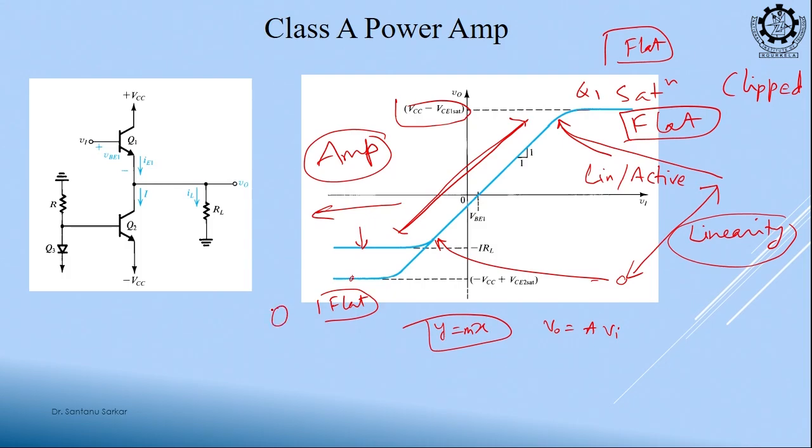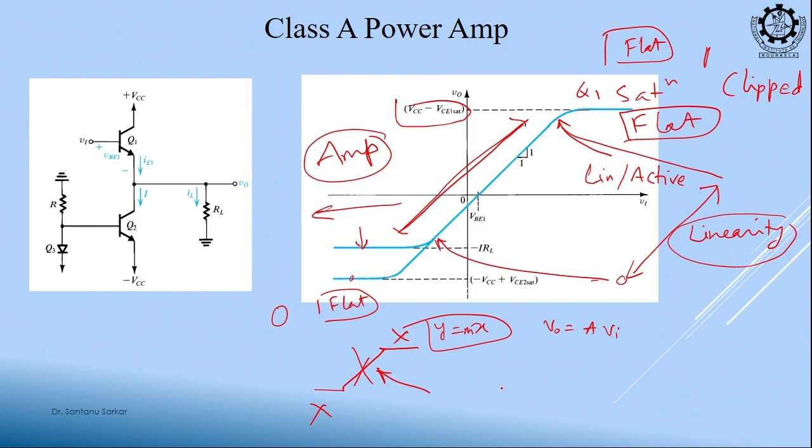This will be your logic 0, this will be your logic 1. So, you see the requirement is totally opposite. In the digital circuit, you want the flat zone; you are not interested here, this is your forbidden zone, undefined. But in analog, this is your forbidden zone.